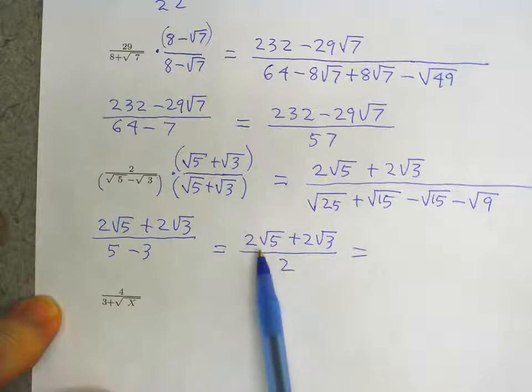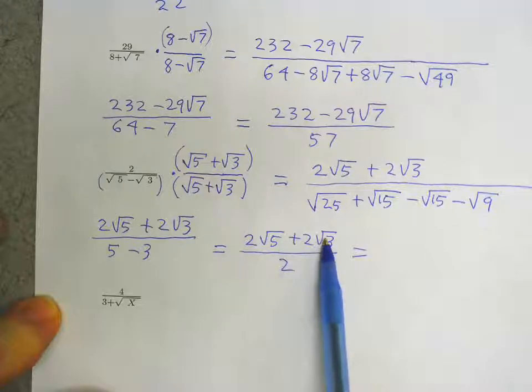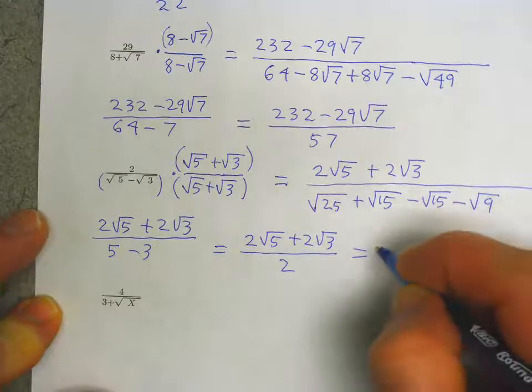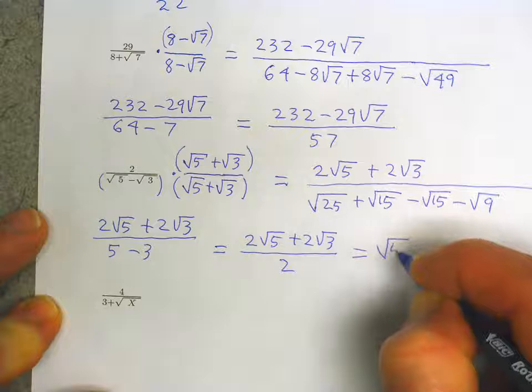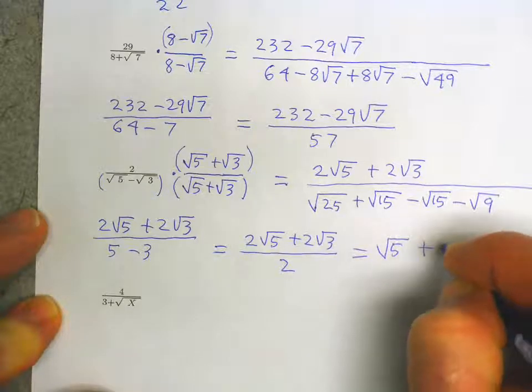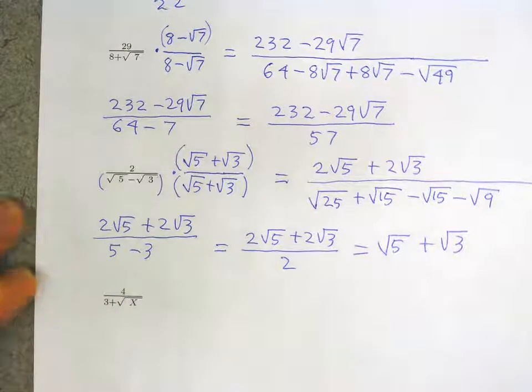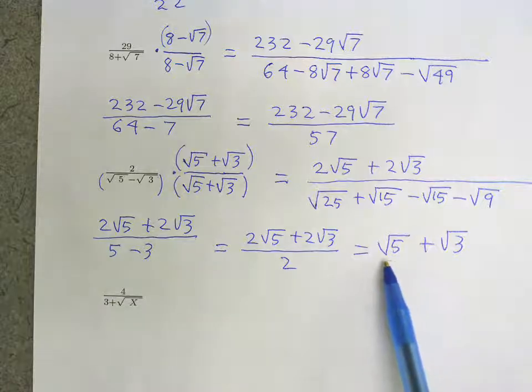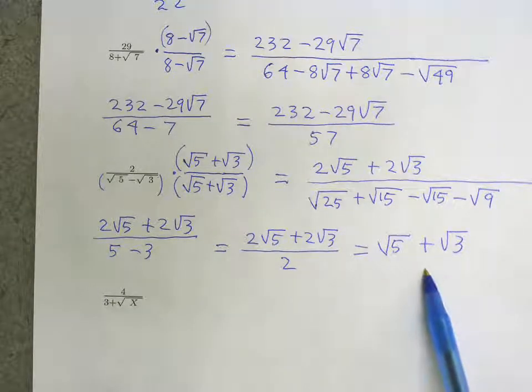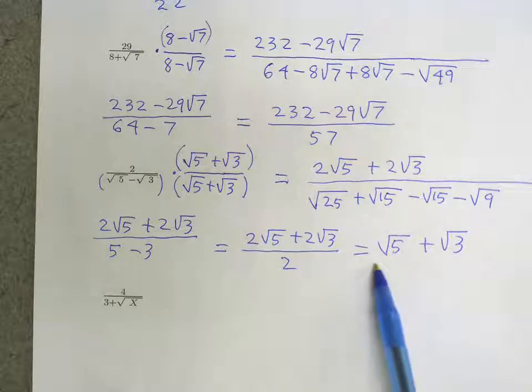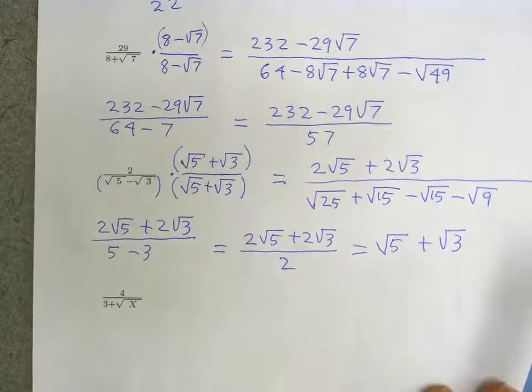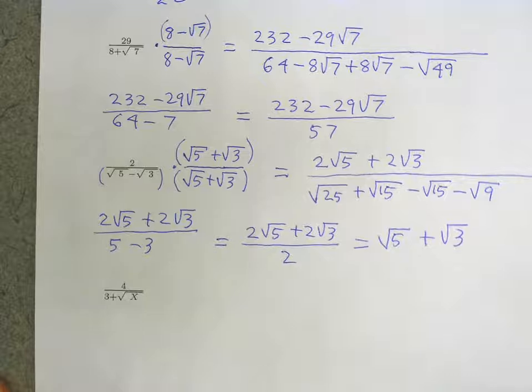So if you divide the entire numerator by 2, we just end up with the square root of 5 plus the square root of 3. Even though we don't write it, the denominator is understood to be 1, and 1 is a rational number. So we succeeded in rationalizing the denominator.